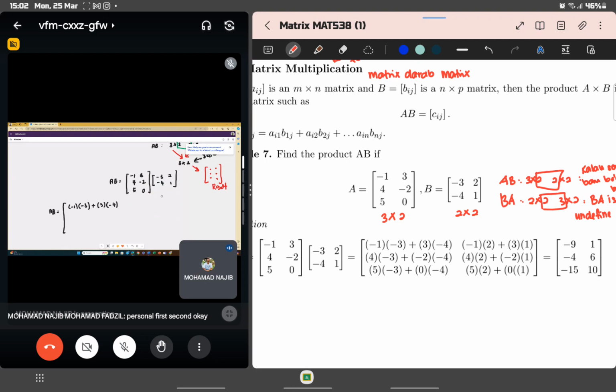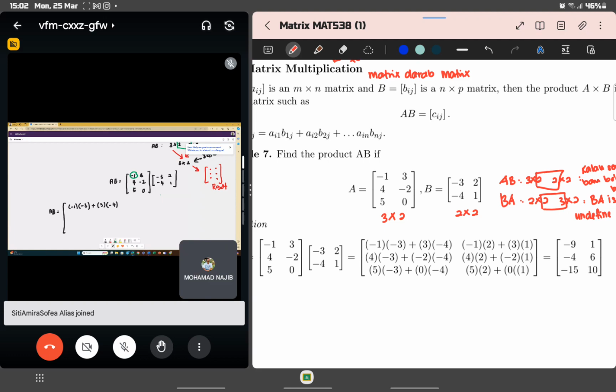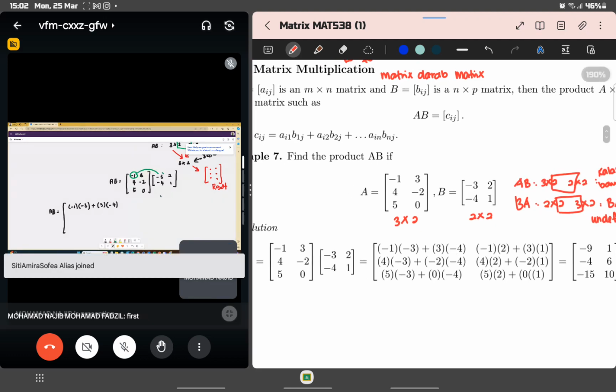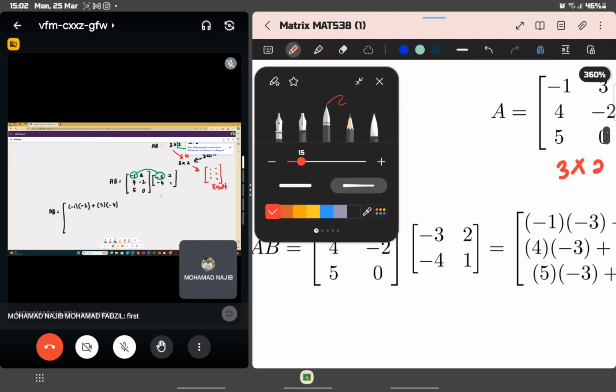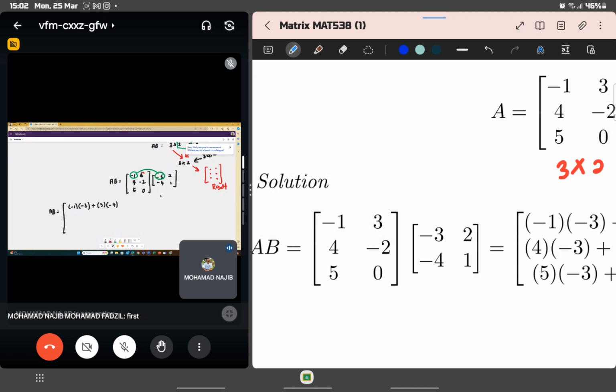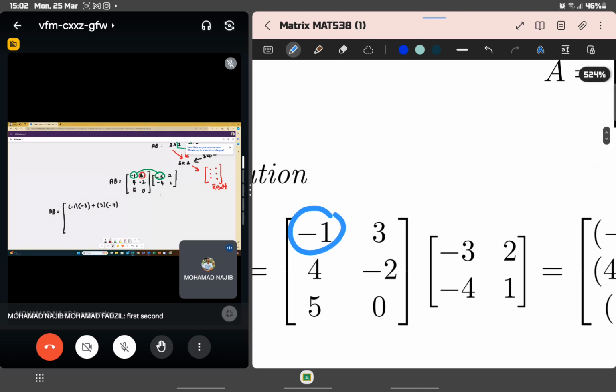Okey, idea dia dekat sini adalah begini. First dengan first, second dengan second. This will be the second, this will be the first.